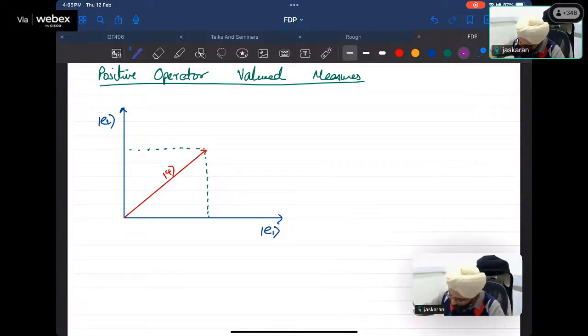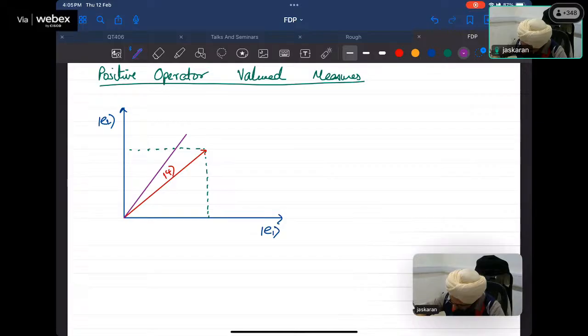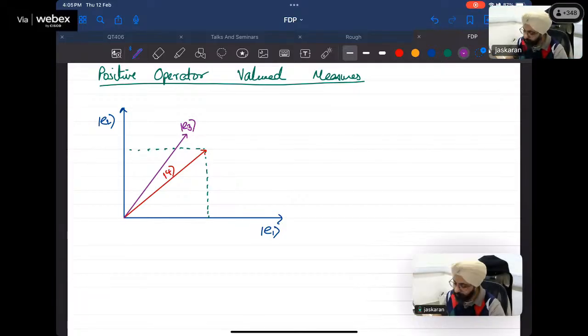We can choose a basis vector set where we have a vector corresponding to this one. Let me call this ket E3. And we can choose ket E1 as the first basis element.